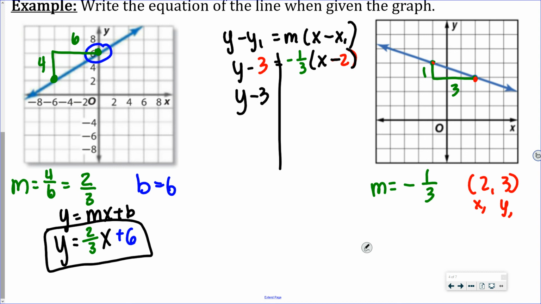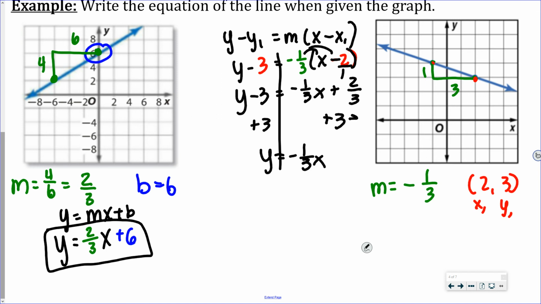All right, this is good distributive practice, negative 1/3 x. Negative 1/3 times negative 2 over 1 would be positive 2 over 3. I need to add 3. So think of that as 9/3.